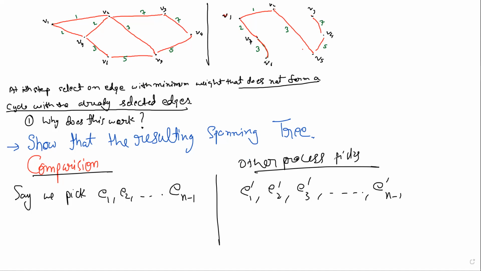Other process means that some other spanning tree has these edges, and this is our spanning tree.